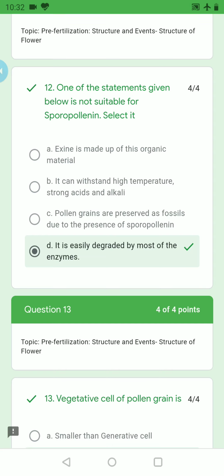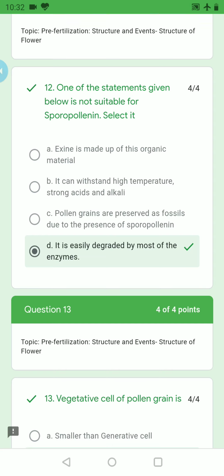See, the three statements given, A, B, C, are suitable, that means correct with respect to sporopollenin, isn't it? But the D statement is false. It is not easily degraded.